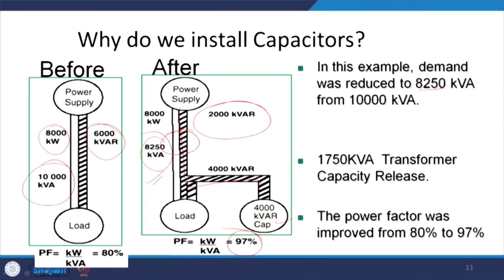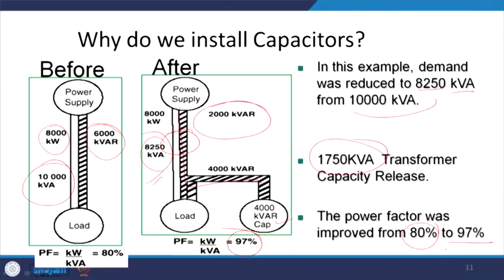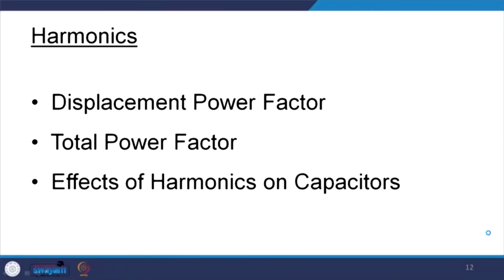The demand reduces from 10,000 kVA to 8250 kVA, and thus this much, 1750 kVA, of transformer capacity has been released, and the power factor was improved from 80% to 97%.